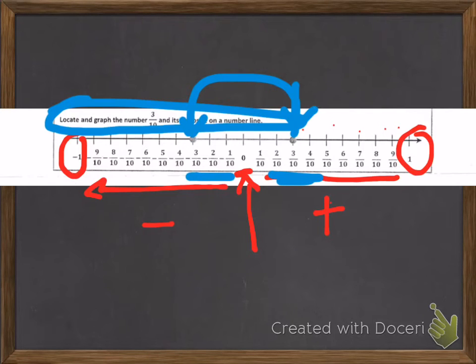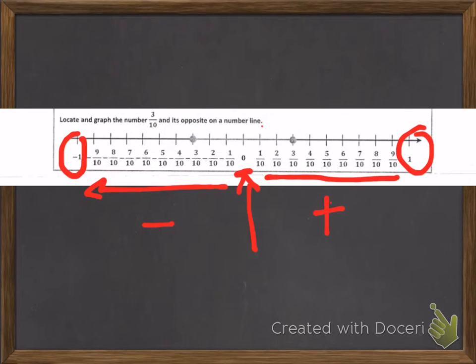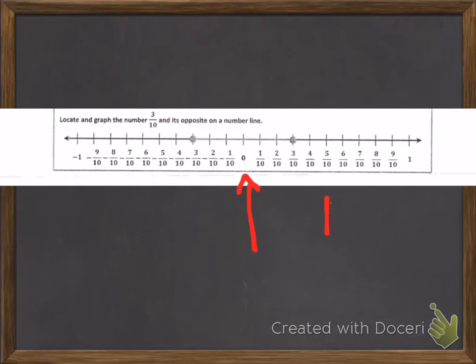The answer would be, let me erase all this so you can see everything clearly, and you will see how 3/10 and -3/10 have been labeled on this number line. Okay, so it's the same thing you've been doing. Now we're just dealing with rational numbers that have fractions. So these are your positives and here are your negatives.